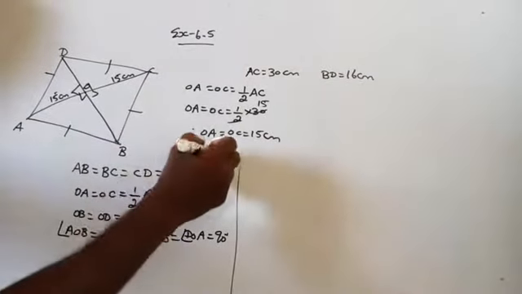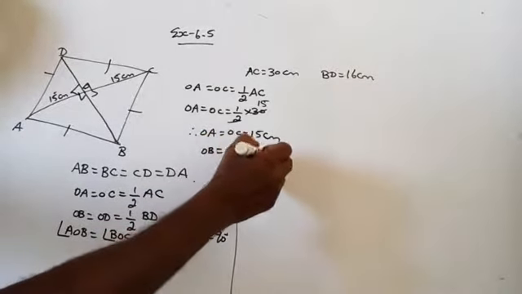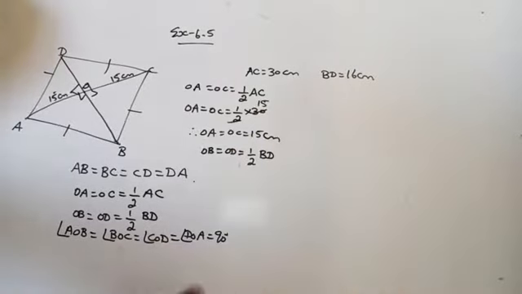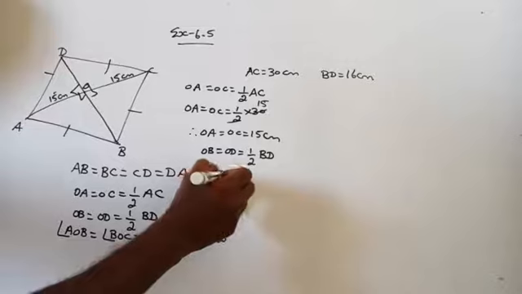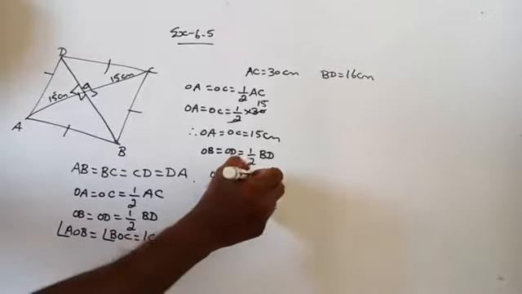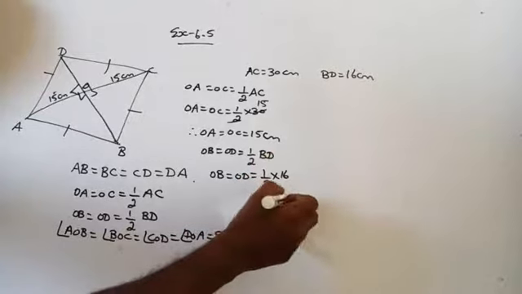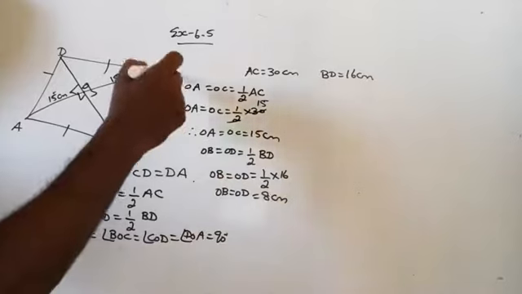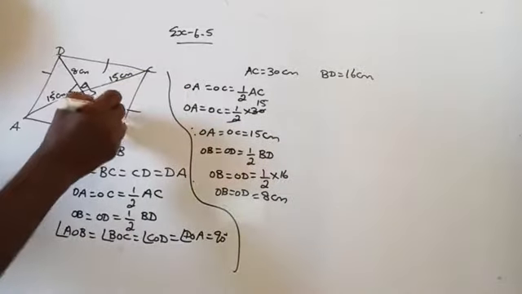Therefore OB equals OD equals half of BD. That is half of 16, which is equal to 8 centimeter. OB equals OD equals 8 centimeter.